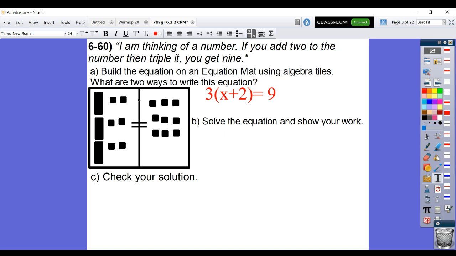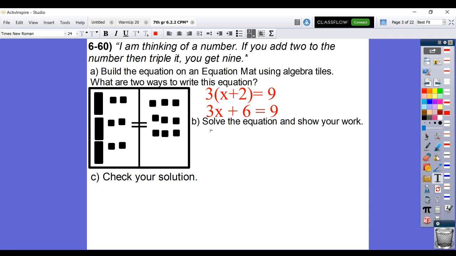And the other way to think of it would be to look at the entire thing on the left side, which would be 3x plus 6 equals 9. So in other words, we're writing it when we've used the distributive property and multiplied each term inside the parentheses by 3.